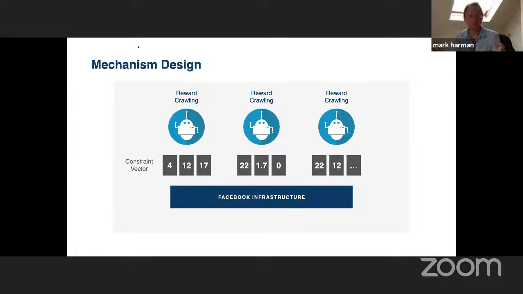I'm sure you can imagine we would have potentially thousands, maybe tens or hundreds of thousands of bots, each with their own constraint vector, each able to exchange these constraint vectors and bits of the constraint vectors with each other in order to explore the ways in which we could fine-tune the mechanism by which the bots are communicating with the infrastructure.